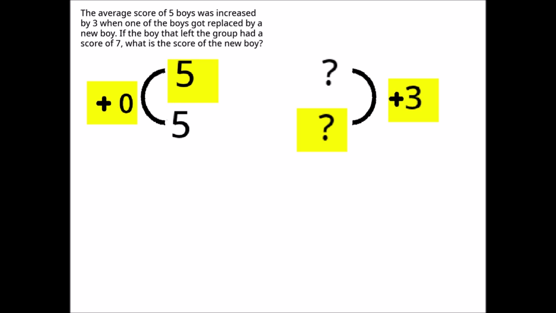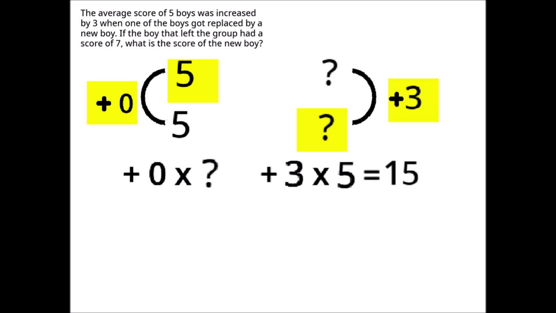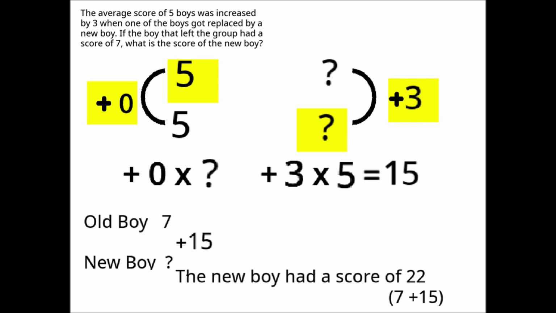Notice that whenever there is no change in group size, left side difference of 0 will not contribute to the equation. Right side difference of +3 multiply by 5 to get 15. 15 is the score difference between the old boy and the new boy. Add 15 to 7 and we know that the new boy had a score of 22.